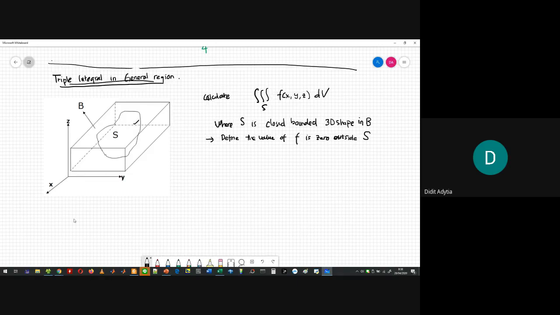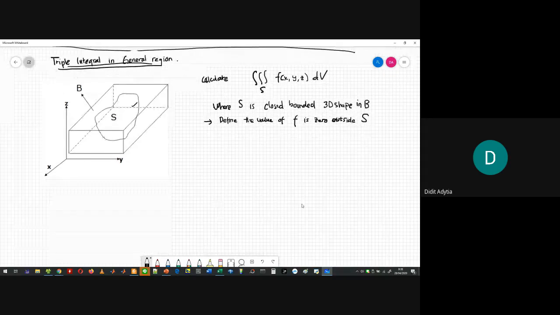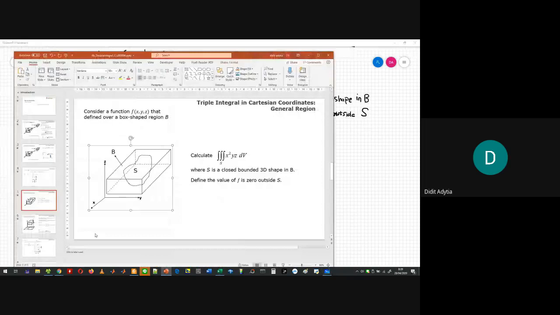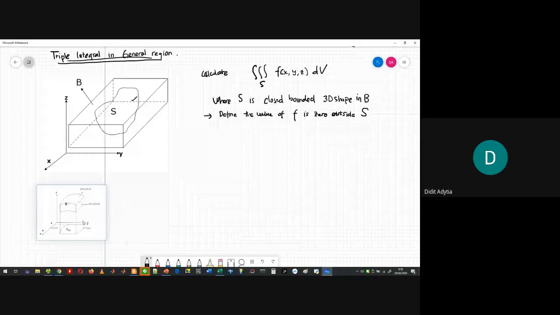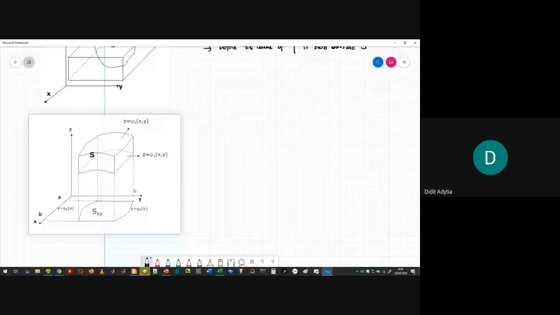Nah, ini adalah integral. Nah, sekarang kita lebih simple. Okay, ini kita ambil gambar dari slide. Okay, I took it again from our slide. This is our slide, and this is the figure from the slide. Okay, now this is S.